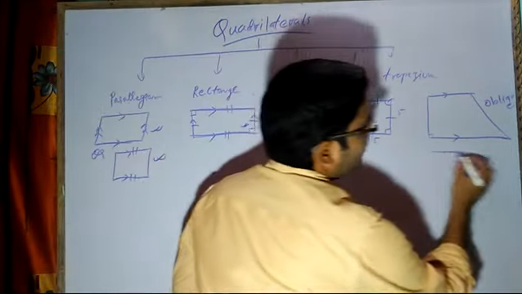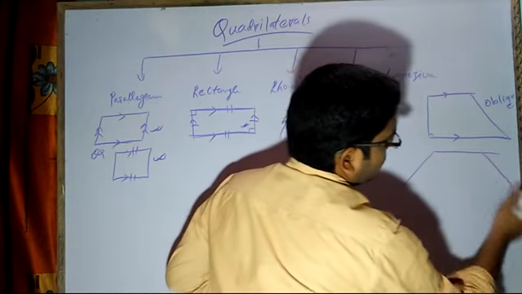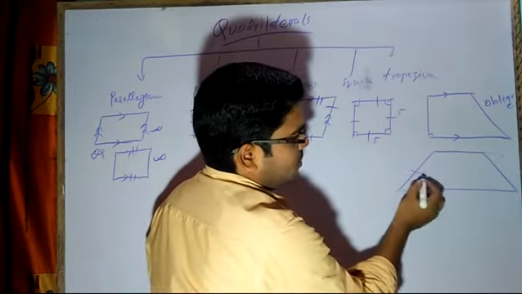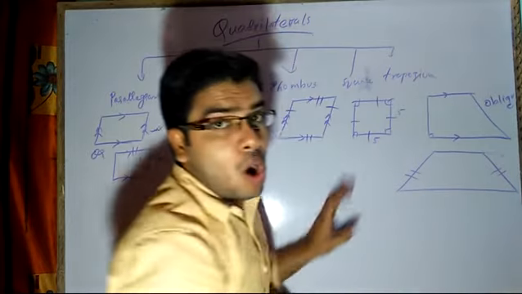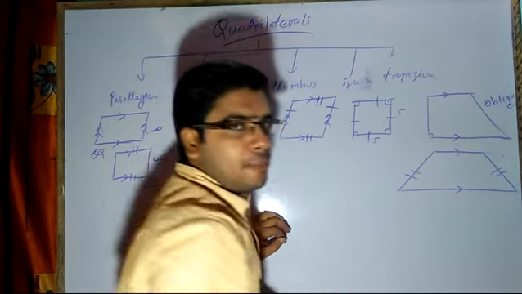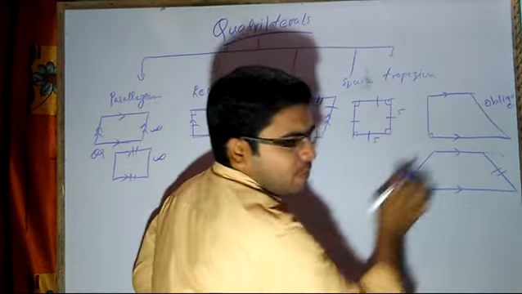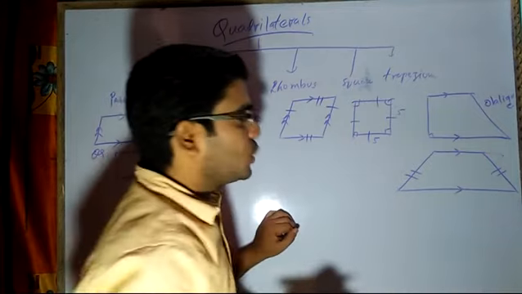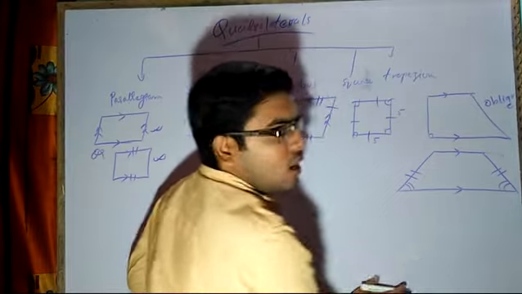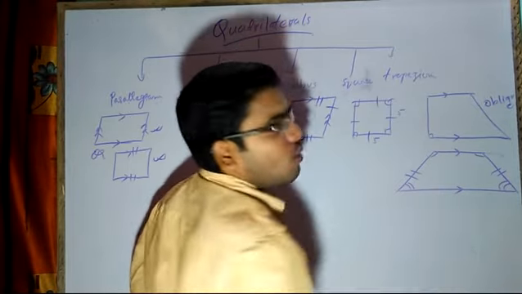Now another type of trapezium that we have is isosceles trapezium. In an isosceles trapezium, these two oblique sides will be of equal measurement and opposite sides will be parallel. If this type of trapezium is there, then one more property is included here, that the base angles will also be equal to each other.